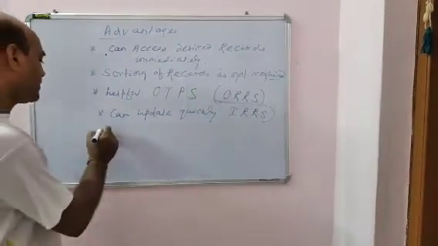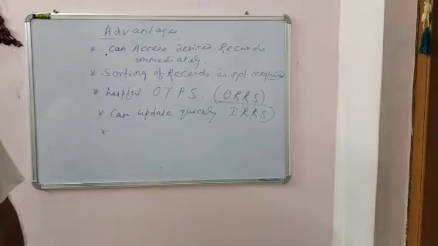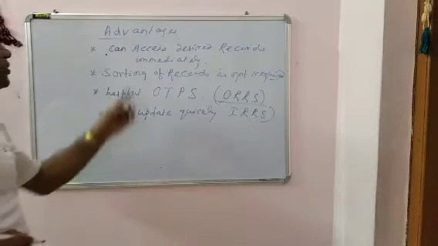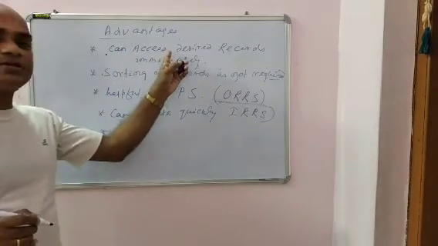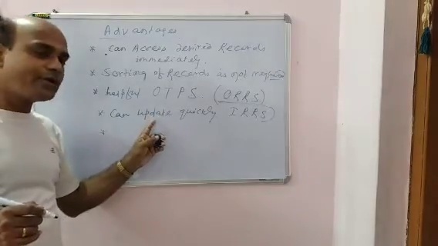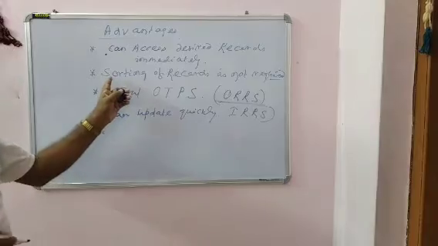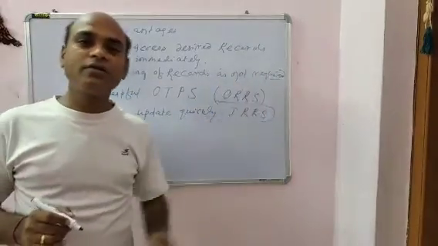We can update the file very quickly, immediately, when we are using direct file organization. So records can be accessed immediately, and we can update immediately. It is used in online transaction processing systems, and here sorting of records is not required.